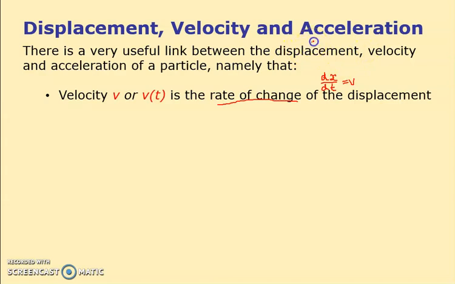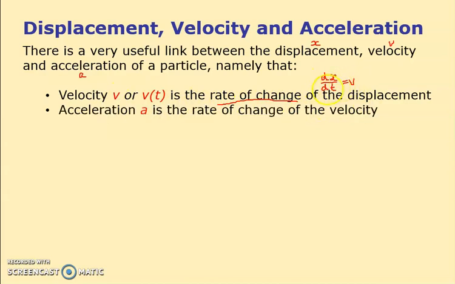And I suppose really what I'm doing is I'm saying displacement is always going to be written with an x, velocity is always going to be written with a v, and acceleration will always be written with an a. And that's why I can say velocity, which is v, is the rate of change of the displacement. Dx by dt is v. Acceleration, a, is the rate of change of velocity.